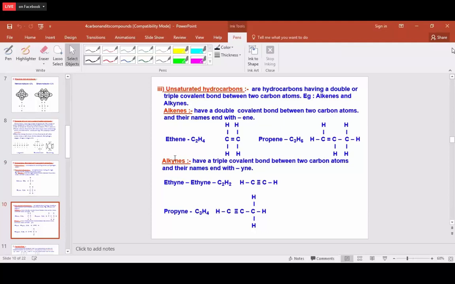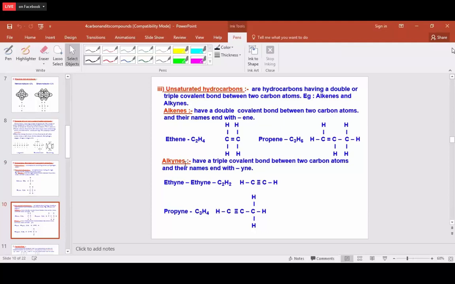Next one is the alkynes. The alkynes are also a family of hydrocarbons which have a triple bond in their structure. They form a triple covalent bond, and their names end with YNE. The first member of the family is ethyne.